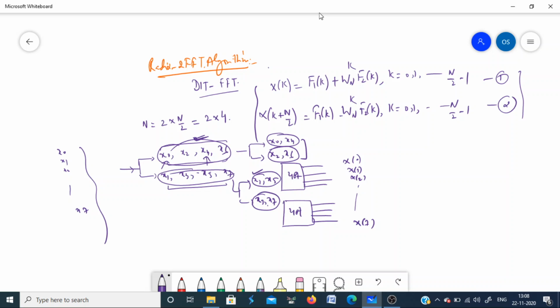Okay, this is what the algorithm was, and I will draw the final structure at once so that it becomes clear to you. To get the 8-point DFT, the 8-point radix-2 decimation in time FFT algorithm, what is the flow chart for this?